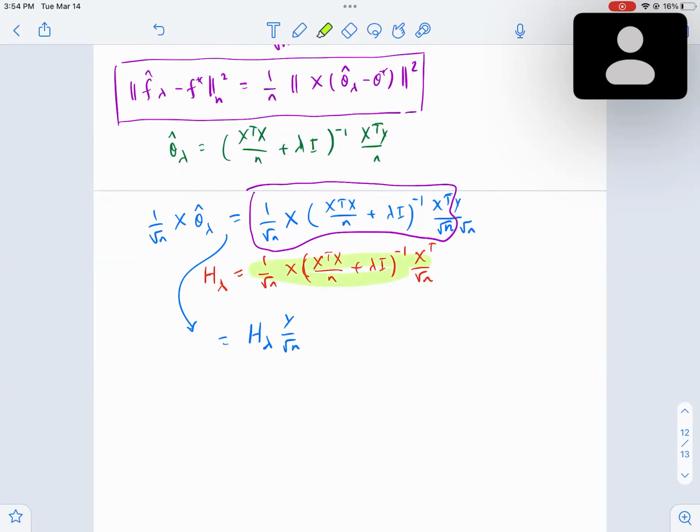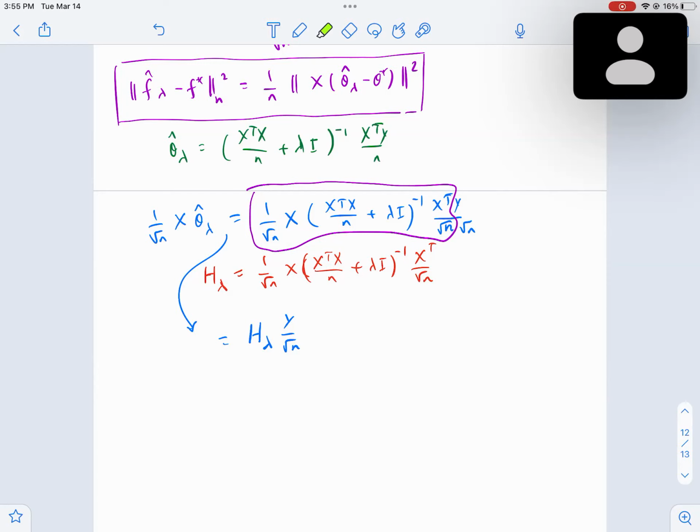Does this look familiar to people from 100C? Let's say if lambda is 0, have you seen something like this? How many people have taken 100C? Did you recall the hat matrix? Yeah, great.